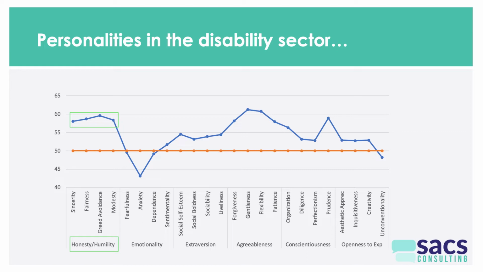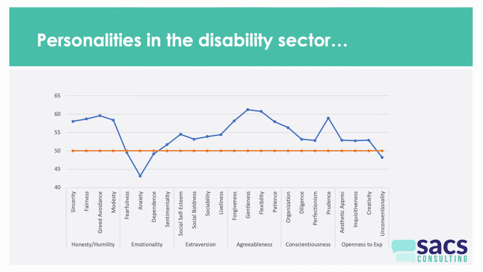In comparison with the normative sample, it's certainly in the top, say, 15 or 20% of the Australian professional workforce. So what that tells you straight away is that people who work in the disability sector, for some reason, are honest, straightforward, truthful, and not arrogant, which is great news for the disability sector.